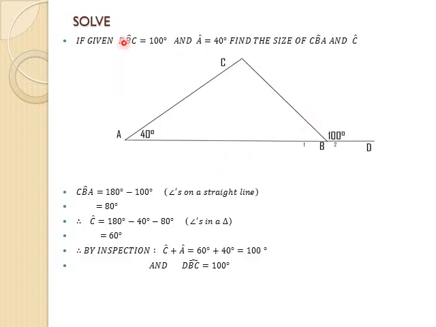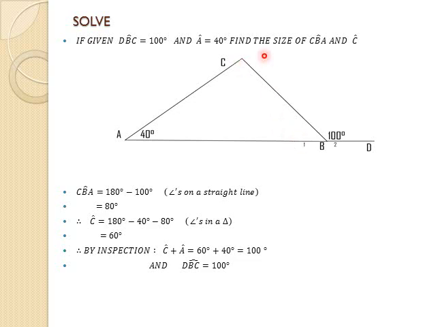Solve: given TBC equals 100 degrees. So TBC, meaning that angle there is 100, and angle A equals 40 degrees. Find the size of CBA. CBA, we want the size of that angle there, and angle C on the top.